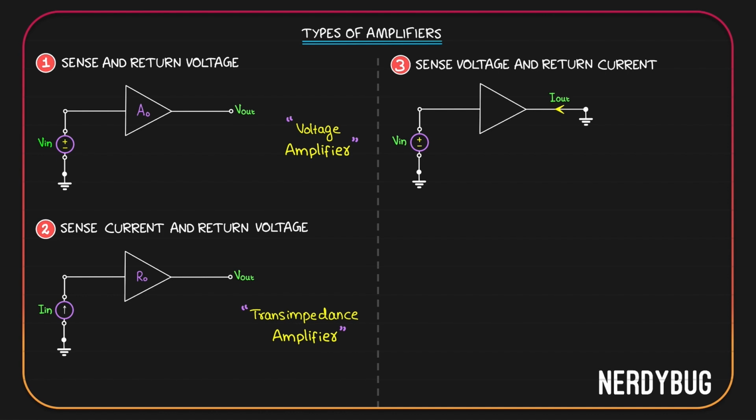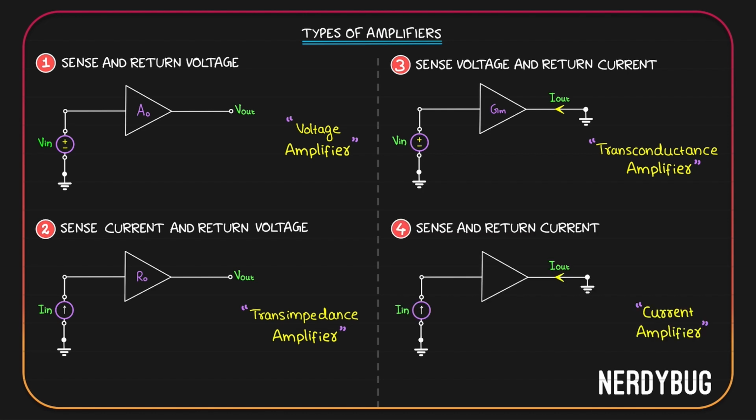So we will call this a transconductance amplifier and we can denote the gain as GM. The last kind of amplifier we can have is one that senses current and returns current. It will look like this. We'll call this a current amplifier. Here gain will be I out divided by I in. Just like the voltage amplifier, gain will be dimensionless. We can call it AI.